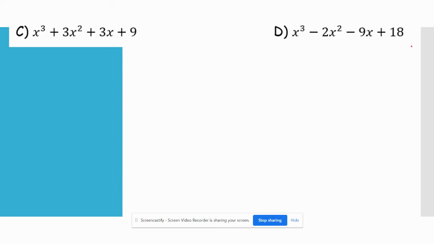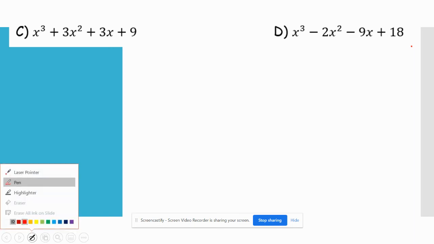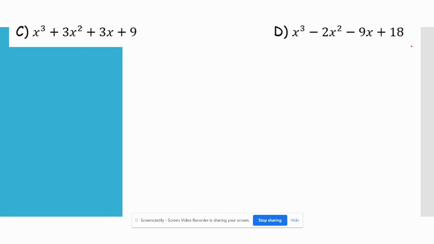Letter C, checking for standard form. Do we have standard form? We do. Third power, second power, first power, no power. Split it in half. Our common factor over here on the left side, we have a 1 and a 3, so that common factor is just 1. X to the third and x squared.